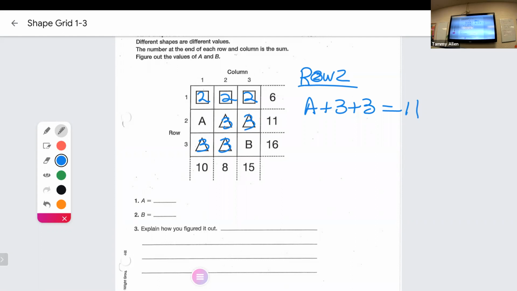Yeah, so we got A plus 6 equals 11. And then we're going to subtract 6 from both sides. So A has to equal 5, and that's how we would show it. Okay?